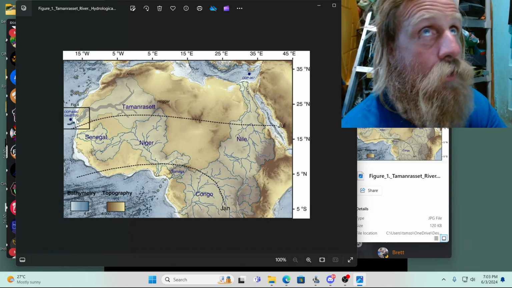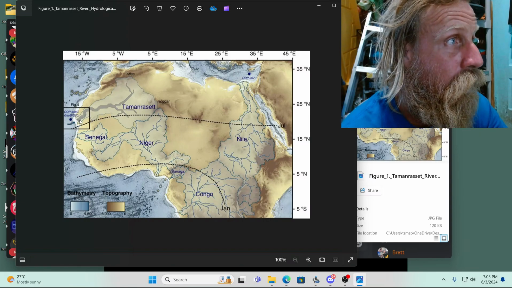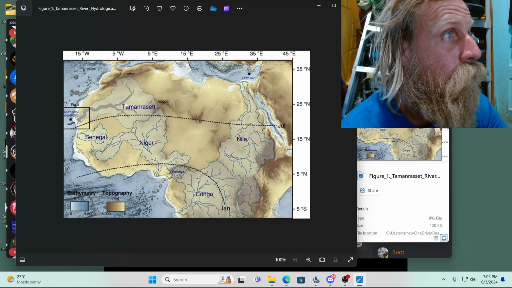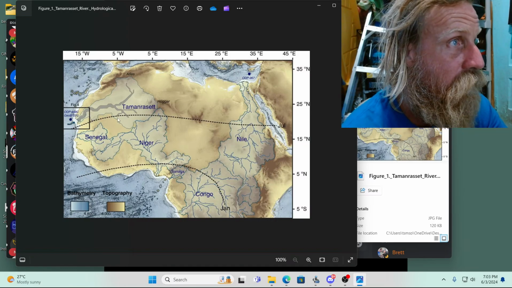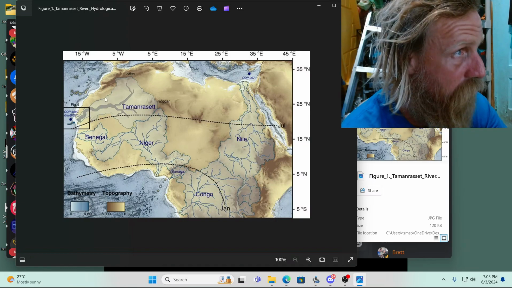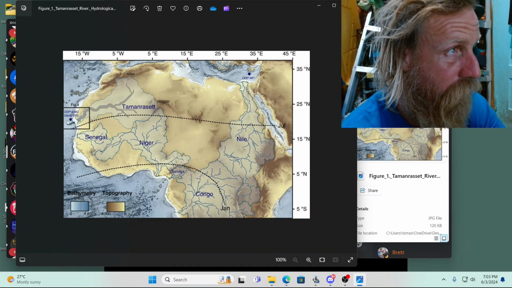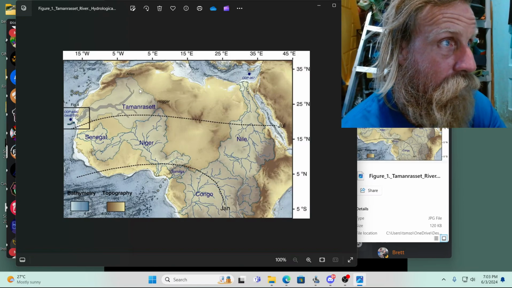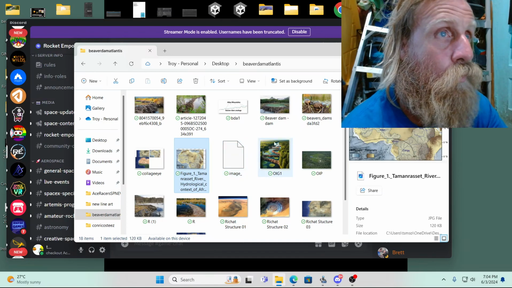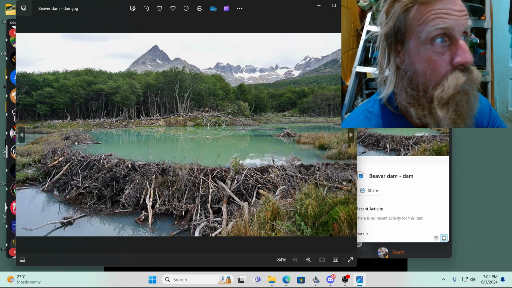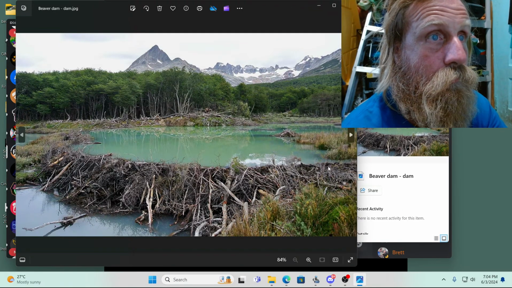The suggestion is that here's this river, and it's like the size of the Mississippi. And along this river, all up and down this entire valley, are extensive wetlands. So many wetlands that look like this.